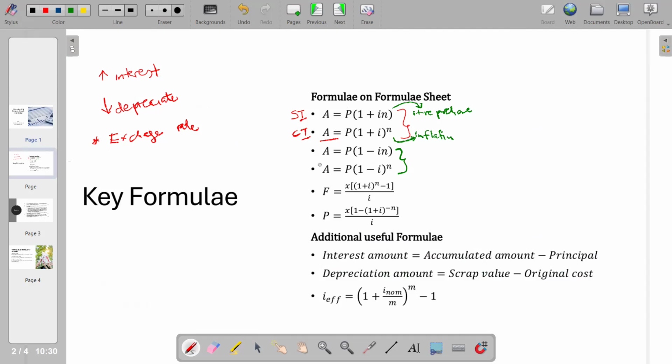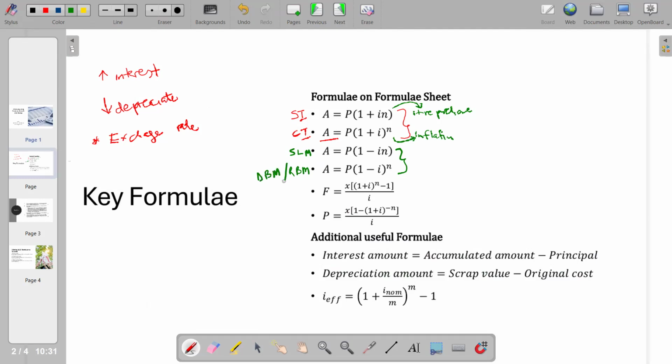The first one, we use it when we are using what we call the straight line method of calculating depreciation. Then our second one, we'll be using it to calculate depreciation using the reducing balance method, which is sometimes called the diminishing balance method.